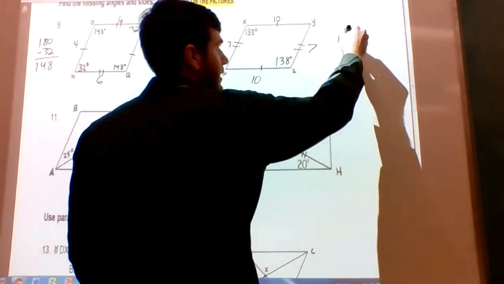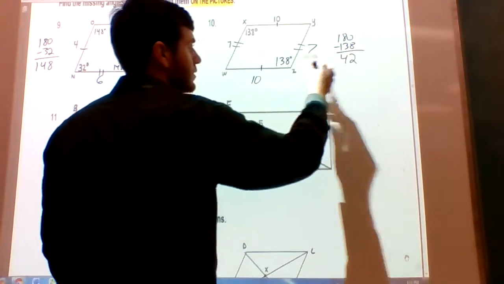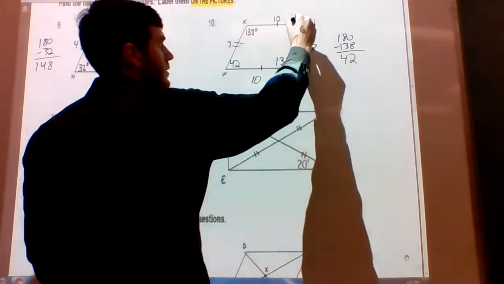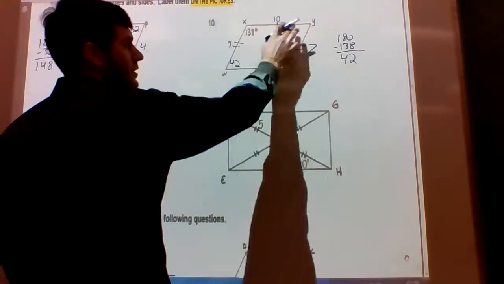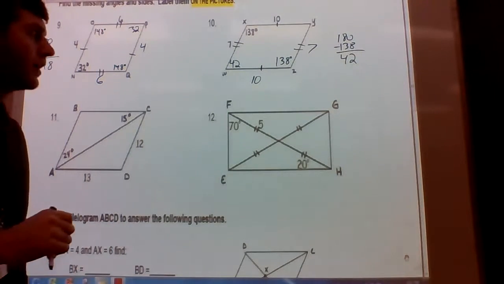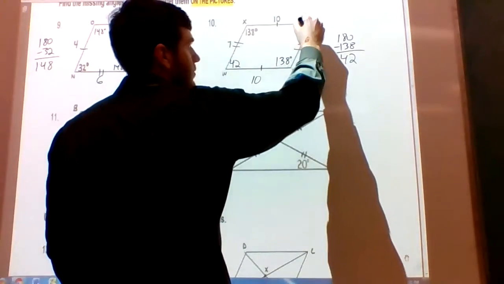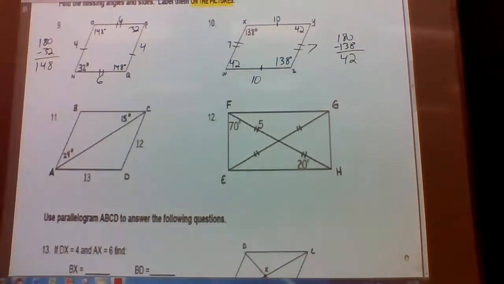So 180 minus 138 gives us 42. Then opposite angles are congruent, so if angle W is 42, then angle Y is also 42 degrees.